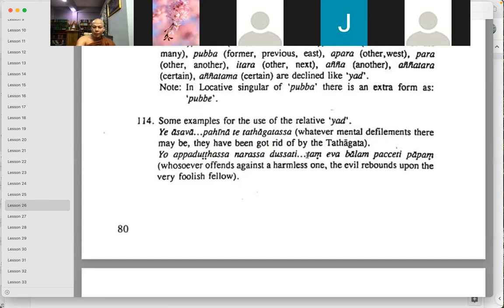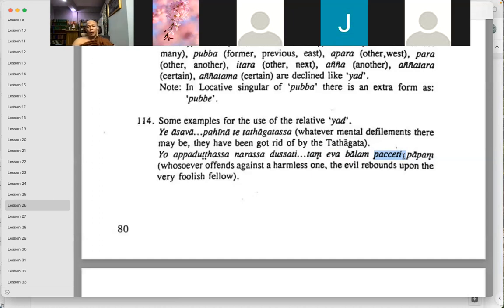And then in the next line, tam, so a different case ending, you see, not so. Based on that, tam functions as the object of pappoti or something in this way. Then tameva bālaṃ pāpaṃ pacceti, so pāpaṃ. Okay, in this way.